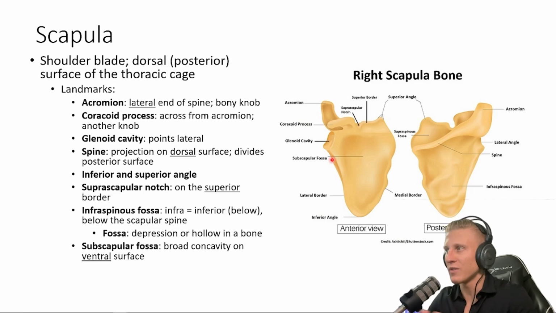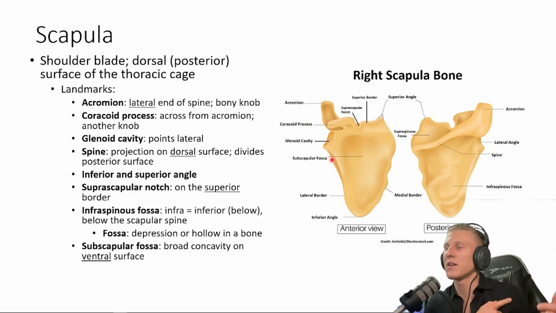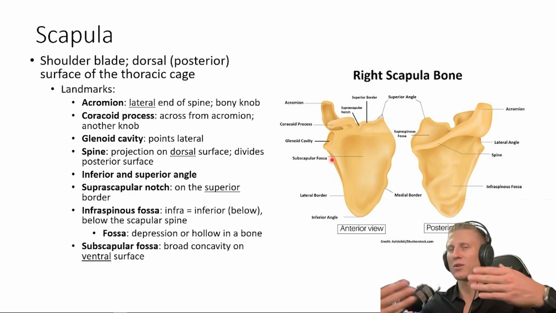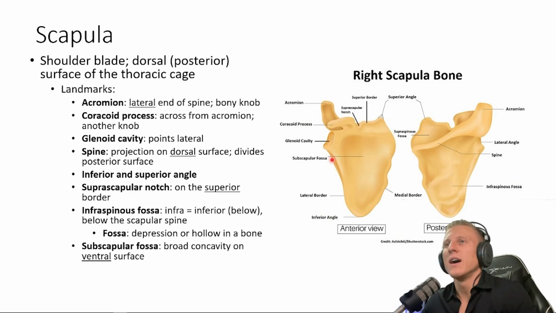So if you've ever built a model, or if you will build a model, the glenoid cavity needs to be facing outward, because your shoulder is out here. Sometimes you have a natural inclination to set these as wings, so they can almost flap in a sort of way. That would be placing the bone backwards. So we want the glenoid cavity facing outwards, because that's where it interfaces with the humerus.